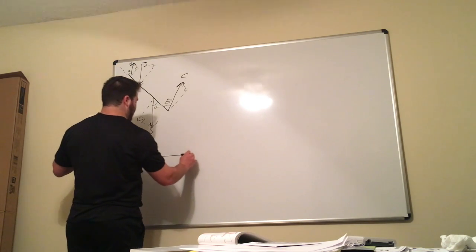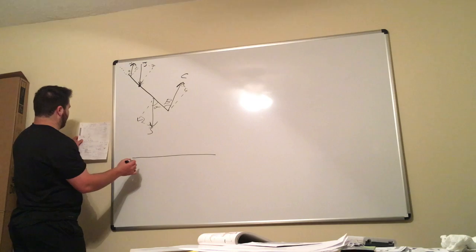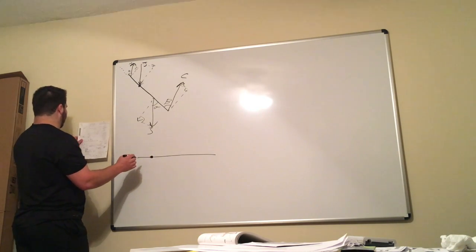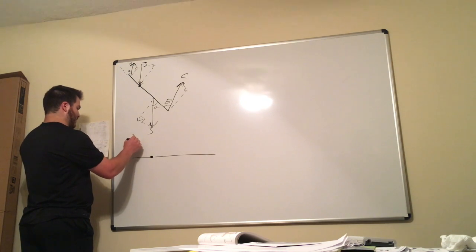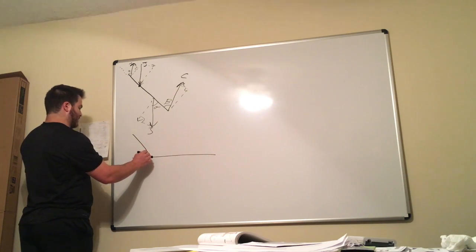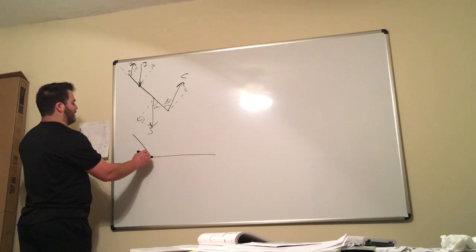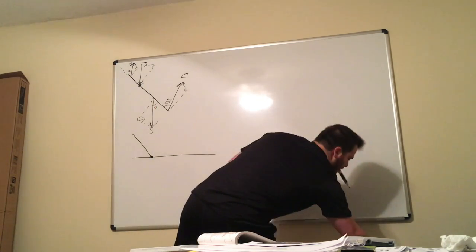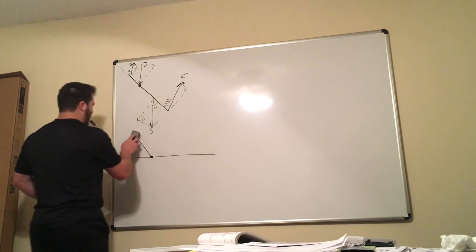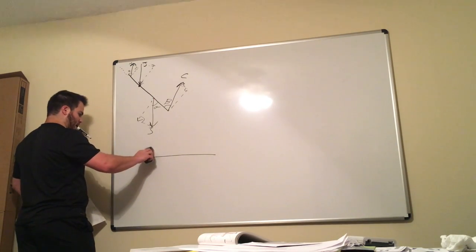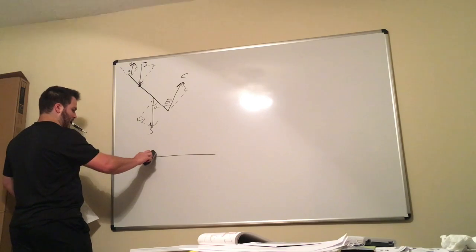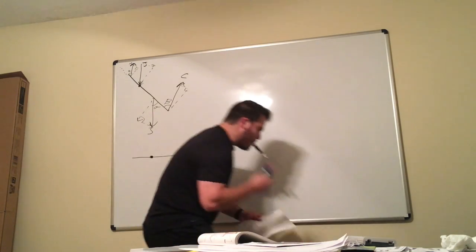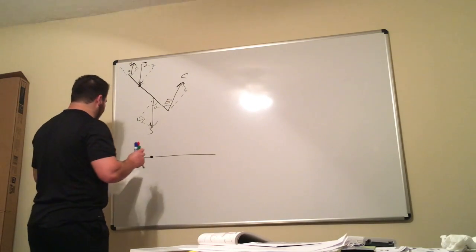So now here's your forearm. Here's your elbow joint. You're going to have your J coming in this way. Actually, I'll make this even easier for you. I'm going to use the same colors that they used.